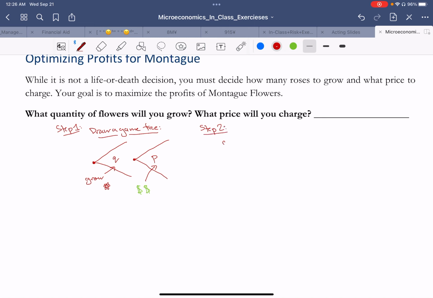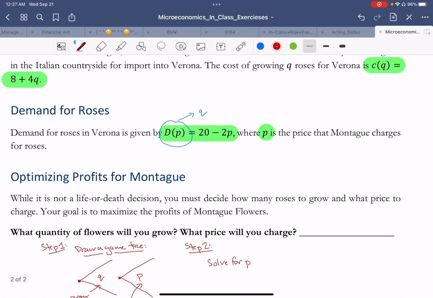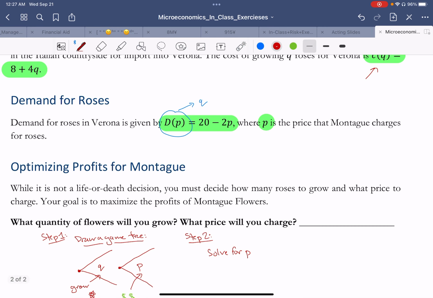So first thing is to solve for P. In this scenario we're given kind of simple equations, cost right here, and demand over here. So without further ado, we're going to go ahead and solve for P. So the profit equation, right, we're given costs already, which is kind of nice. So we have 8 plus 4Q in parentheses, and then we have the price times demand, right?